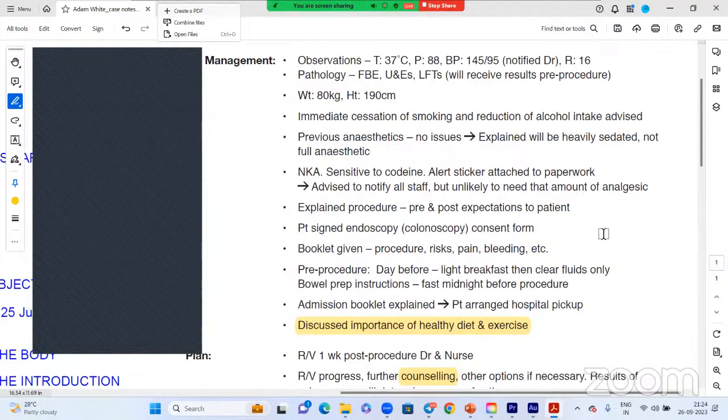Then the endoscopy, colonoscopy consent form has been duly signed. Consent has been taken. Or you can say consent has been signed. Consent has been duly signed.